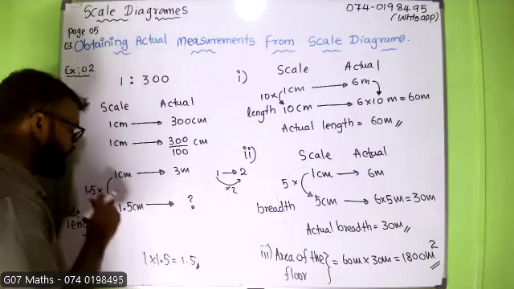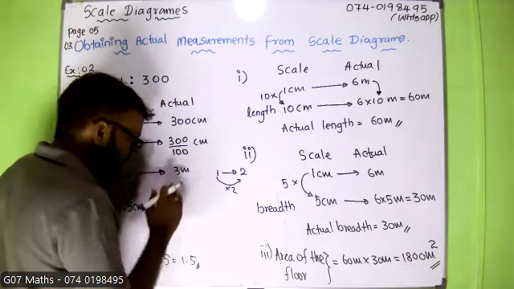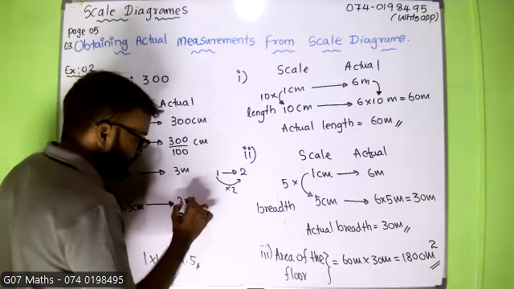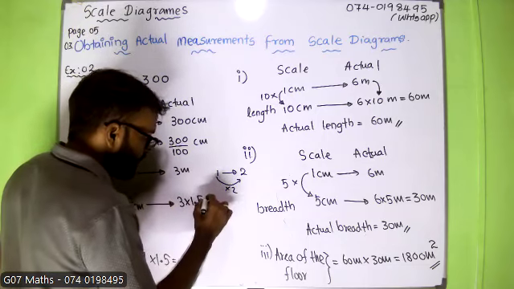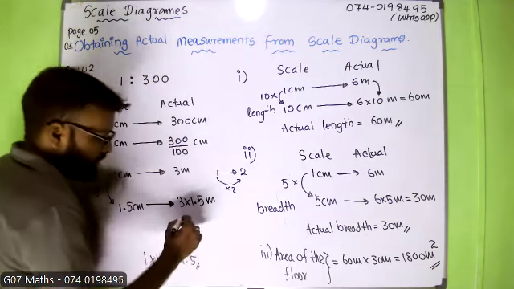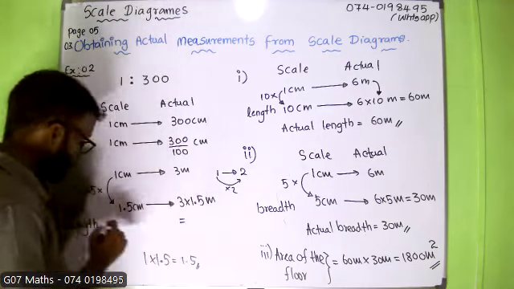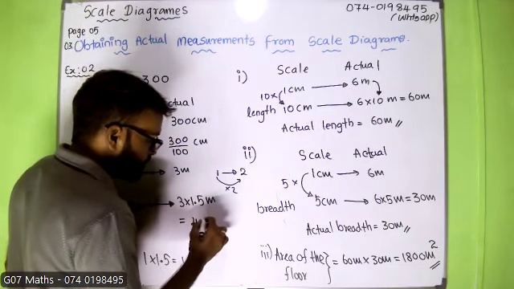So if you multiply this side by 1.5, you need to multiply this side also by 1.5. 3 multiplied by 1.5 meters. So the actual side length will be 3 into 1.5, which is 4.5.